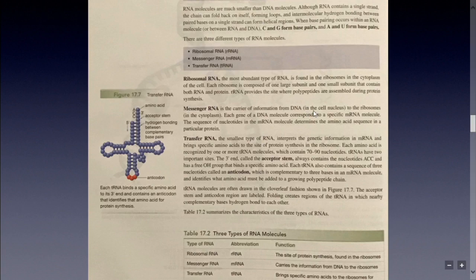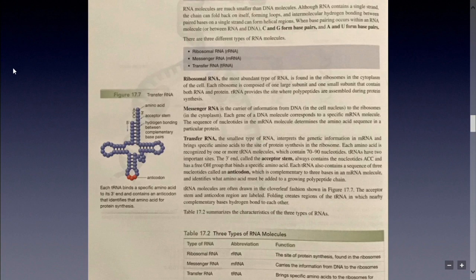And when you make a photocopy of the DNA, you basically are making a strand of messenger RNA. So let's say you have a long section of DNA that goes from the left of my screen to the right of my screen. That's a whole segment of DNA.